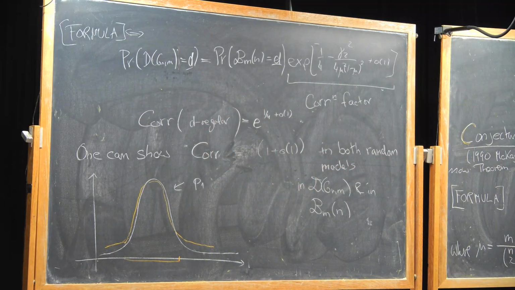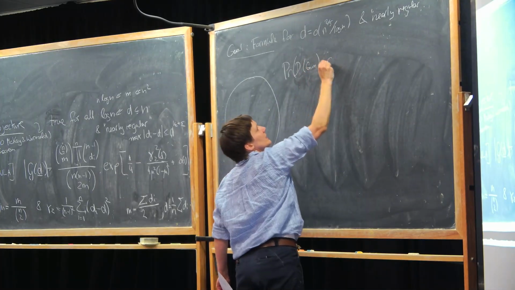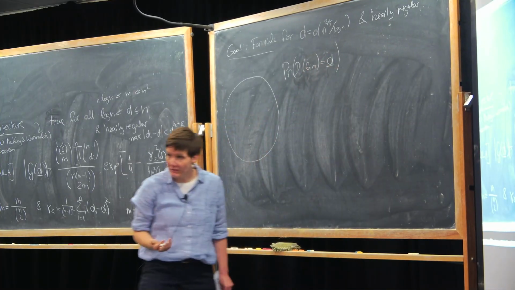And that is really a useful view. So instead of that number, the probability that the degree sequence of G(n,m) is equal to D, the number of D-regular graphs.